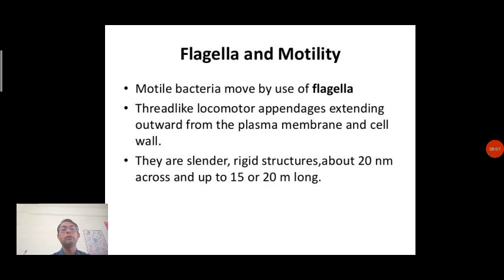So remember that flagella are useful for motility, while pili and fimbriae are useful for attachment. That is the basic difference between pili, fimbriae and flagella.